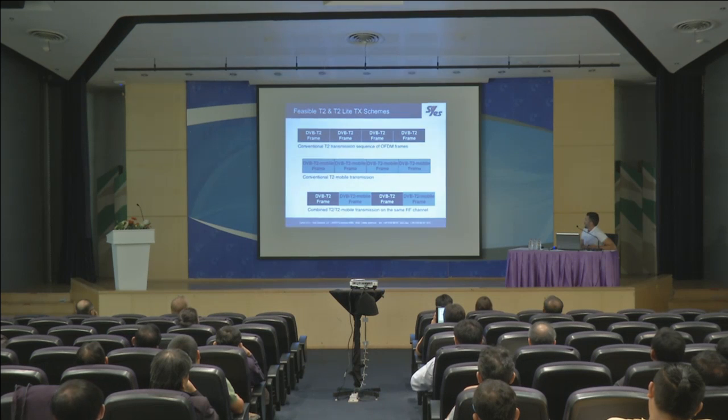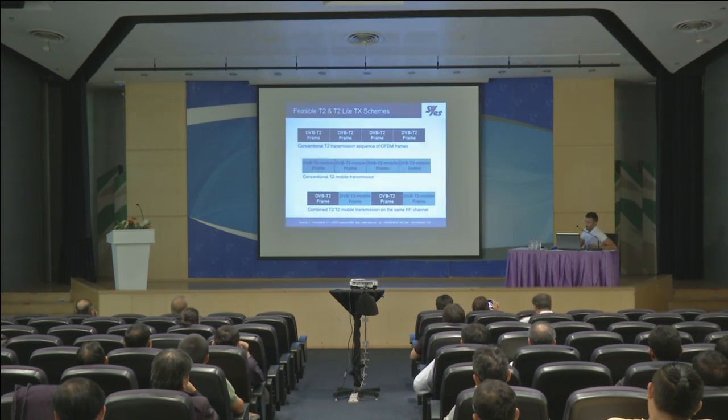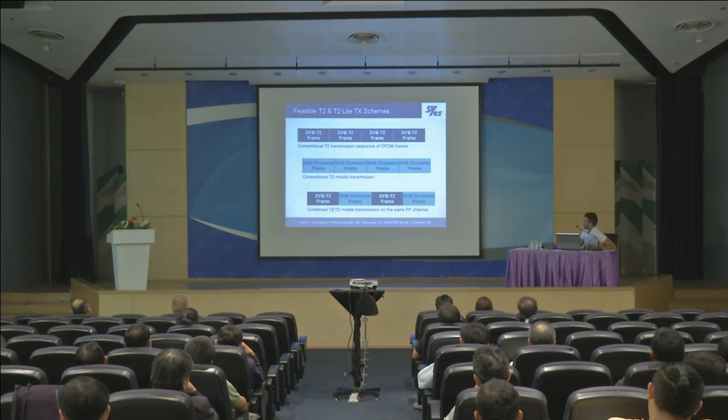Classical transmission of the DVB-T2 frame is made in this way. In the time on air, you will see several T2 frames going on. Or you can transmit several mobile frames on air, or you can combine mobile and classical base frames at the same time in the same channel.